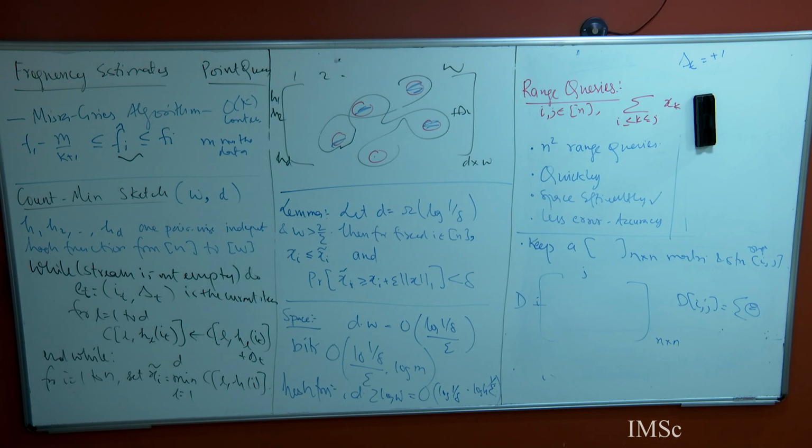Suppose it covers from i to some x between i and j, you take that sum, then you go to the other node of the tree, and from x plus 1 to j, you take that sum and add it to get the result. So that takes n log n space.